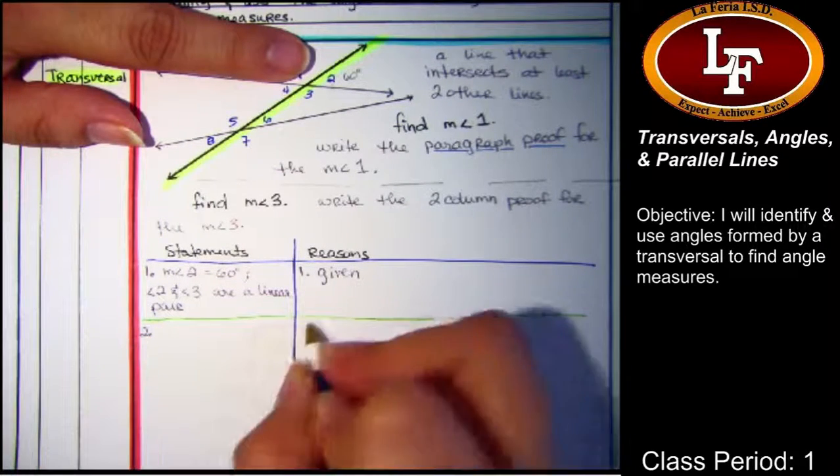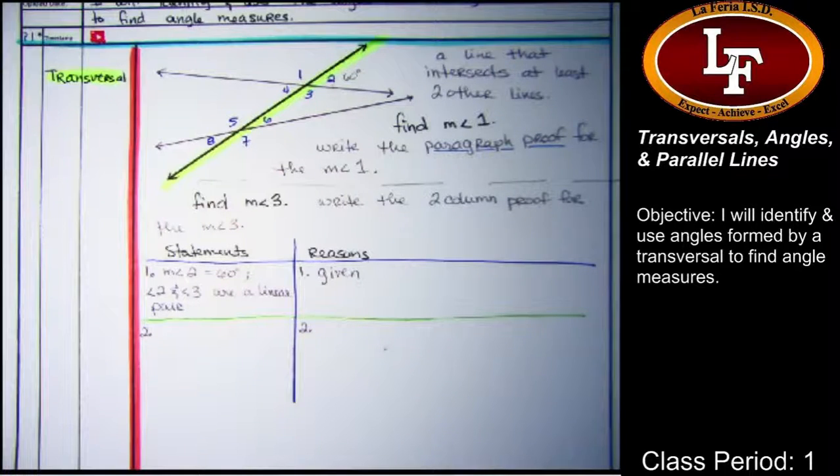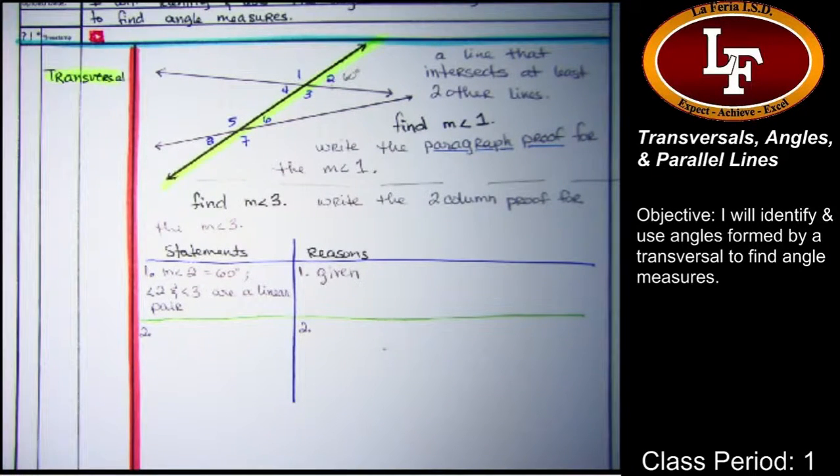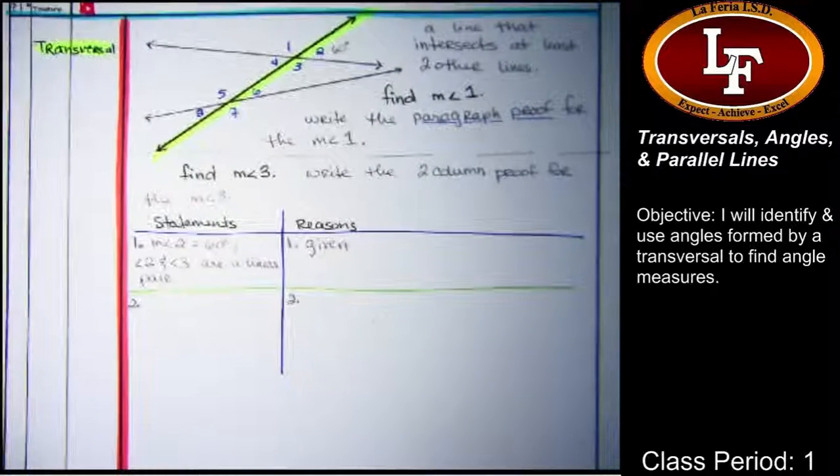All right. Now that we know that they're a linear pair, what do we know about their measures?